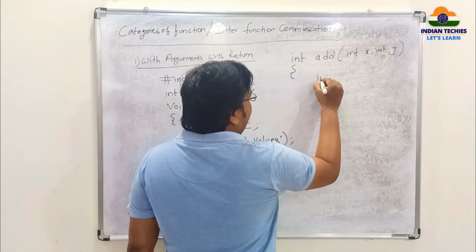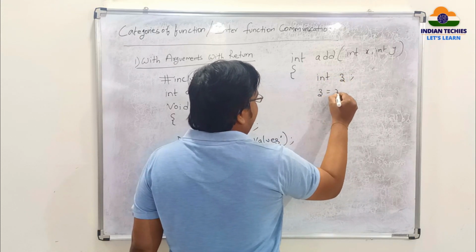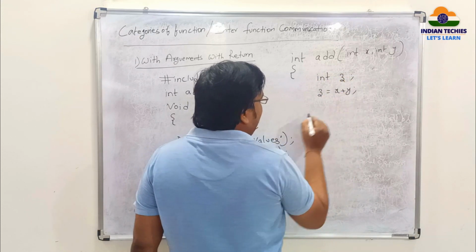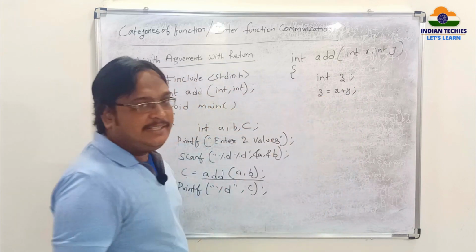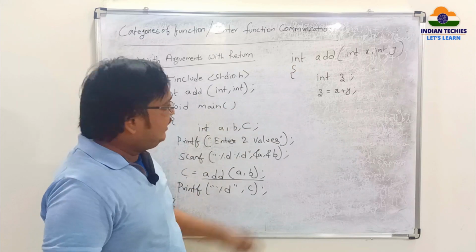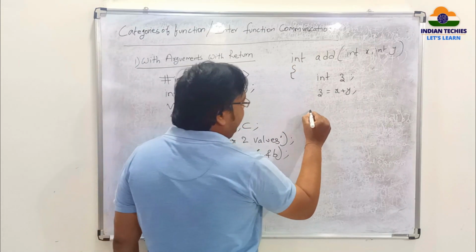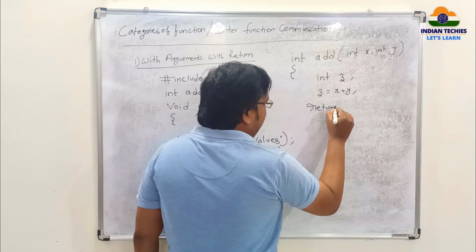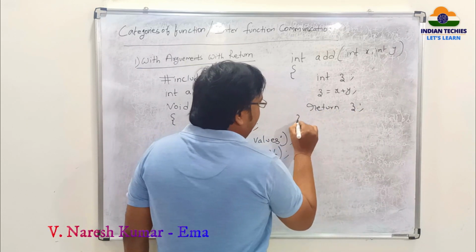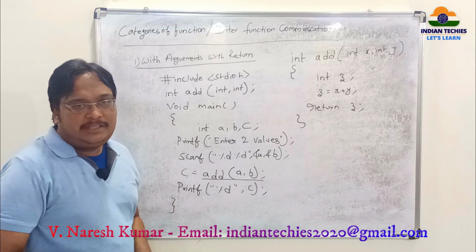Perform addition, that is int z. For the purpose of addition, z is equal to x plus y. Now the calculated value is in z. Since I have to send an integer, and z is also an integer, so matching, I have to return the z value, that is return z. Now this z value goes and stores in c, and prints this c value.